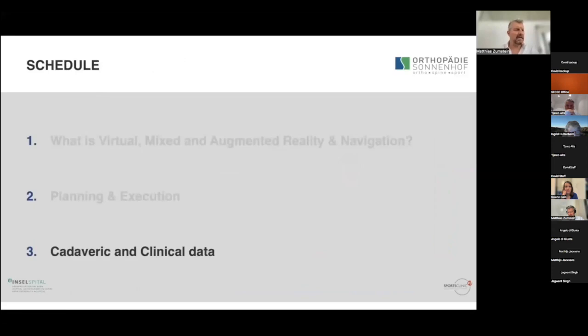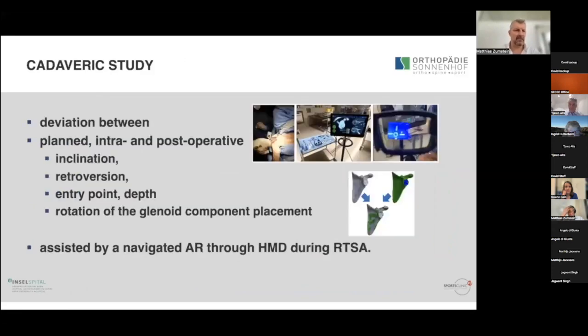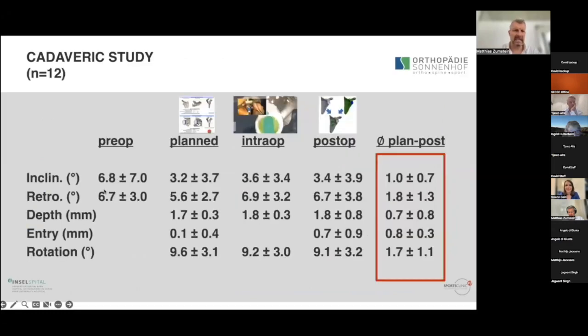And the question now is, are we really precise with that system? First, we did a cadaveric study and looked at the deviation between planned, intraoperative, and postoperative for the parameters, as we heard: inclination, version, entry point, and rotation. You see an overlap of the preoperative planning and the postoperative CT scan in those cadavers. And interestingly, we were really precise.